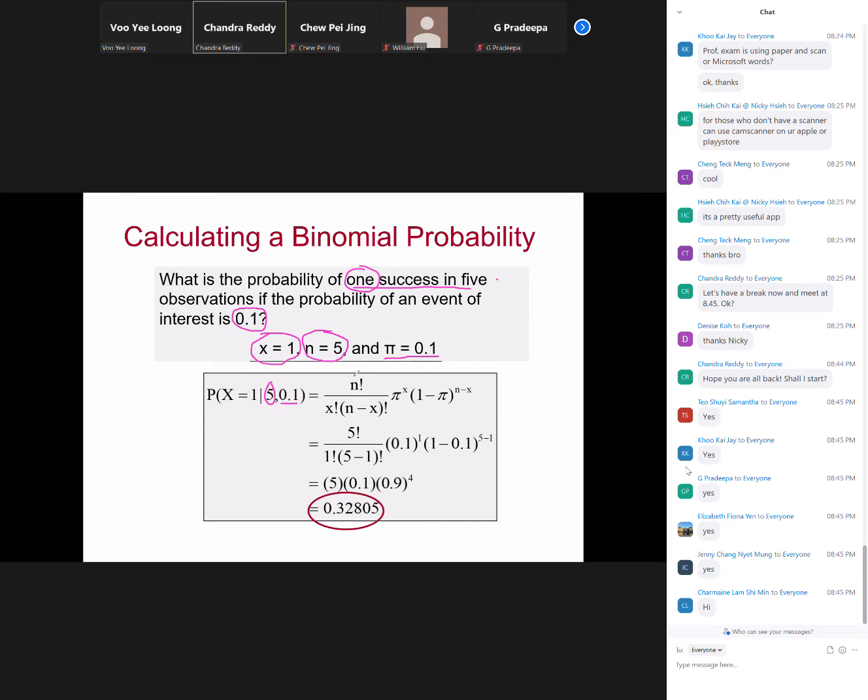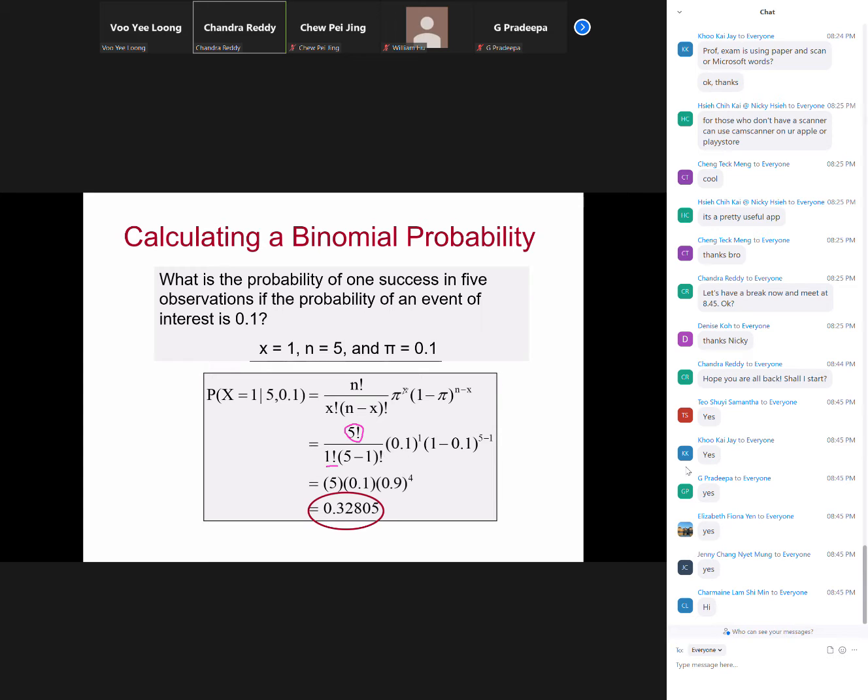Now we use the formula: nCx, the counting rule, multiplied by the probability to the power of x, multiplied by 1 minus probability to the power of n minus x. In this problem, n is 5, so we write factorial 5. Then x is 1, so 1 factorial, which is 1. Then n minus x, so 5 minus 1 factorial.